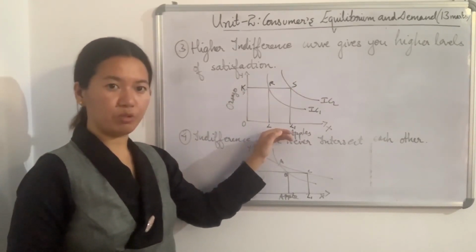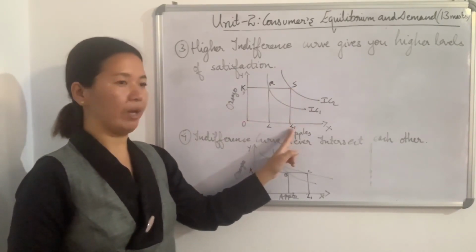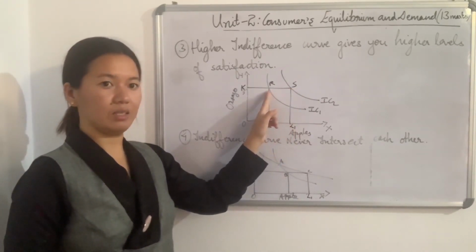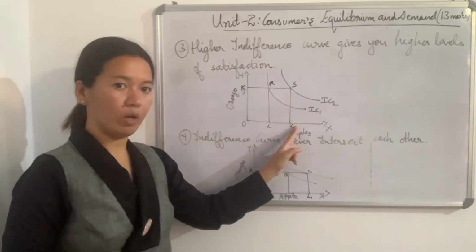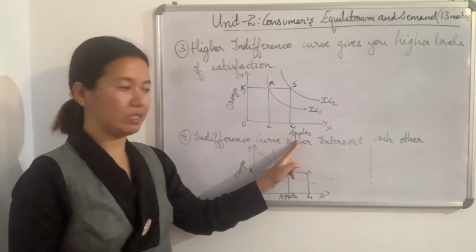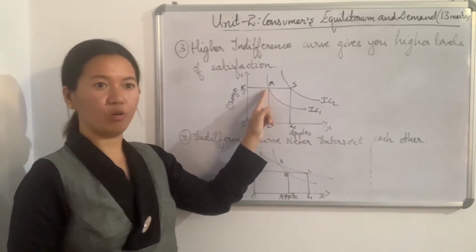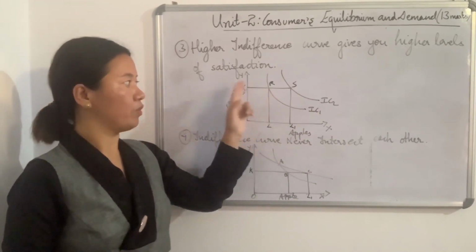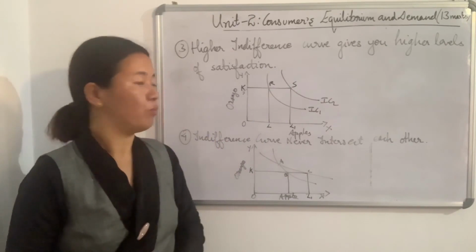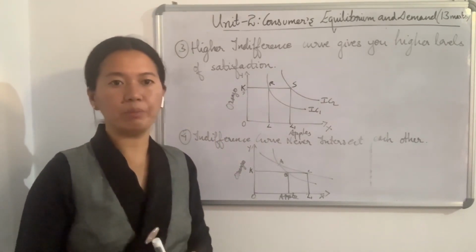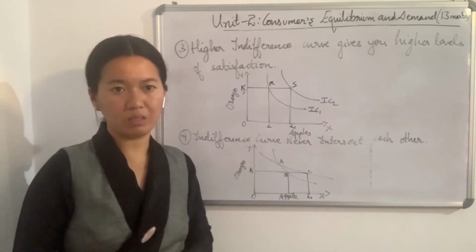But when it comes to apples, point S consumes more apples than point R. It means that point S consumes OL1 amount of apples, which is greater than OL amount of apples at point R. So from R and S, we can conclude that point S consumes more apples, which means that it gets more satisfaction.